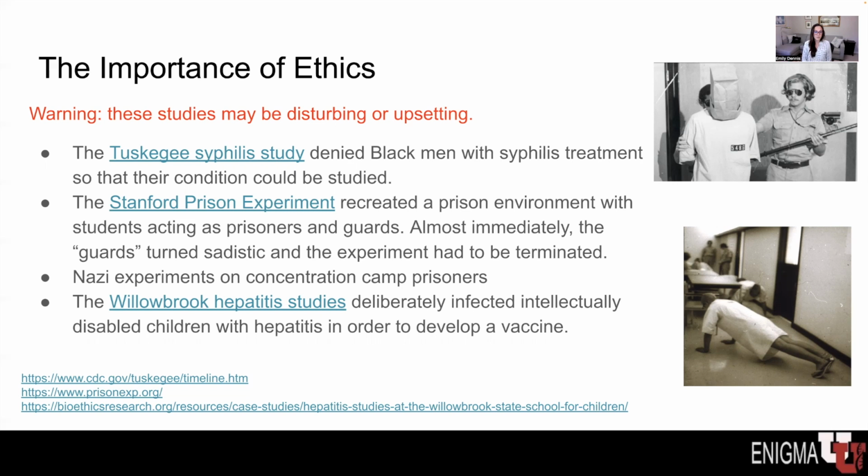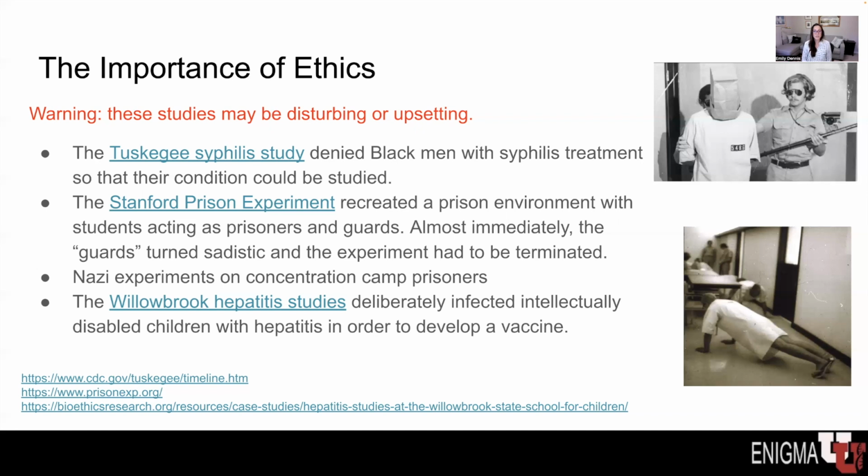Of course, every single Nazi experiment done on concentration camp prisoners was highly unethical and disturbing. And the Willowbrook hepatitis studies deliberately infected intellectually disabled children with hepatitis in order to develop a vaccine.